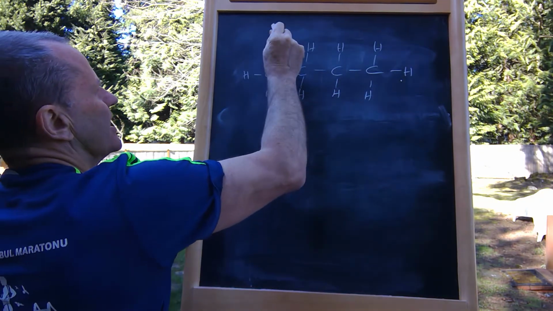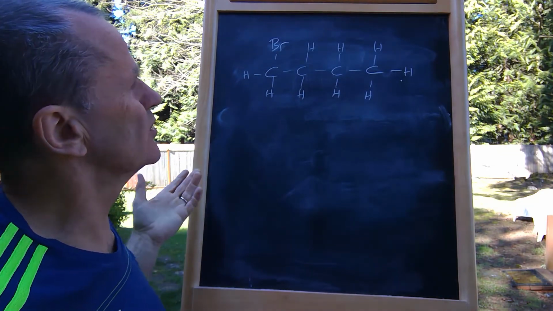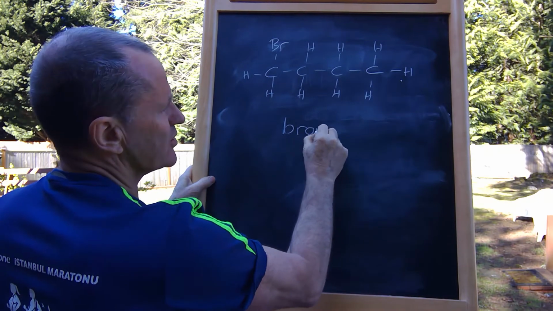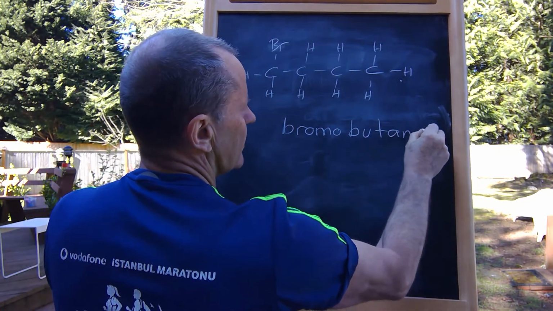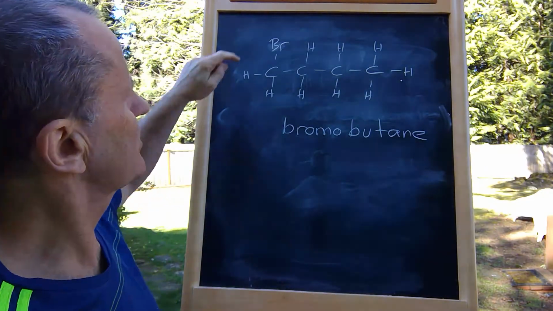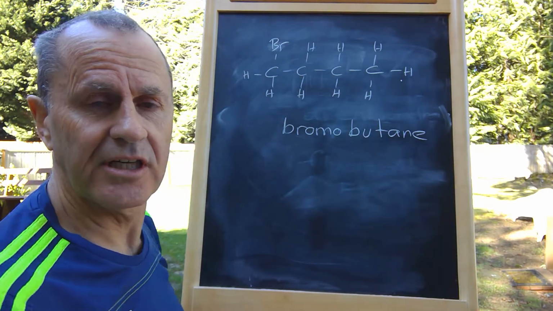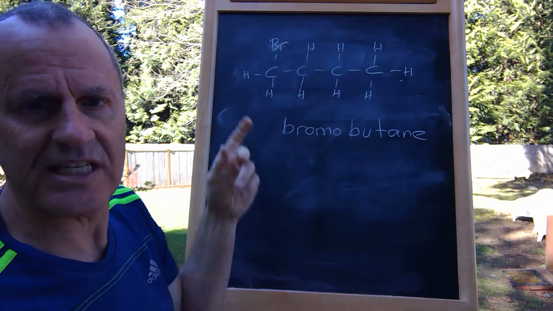So let's try adding a bromine atom there. And now that would be called bromobutane. But there's more to it than that. The reason is that a butane molecule with a bromine attached to the first carbon is going to react slightly differently from one with a bromine attached to one of the central ones.